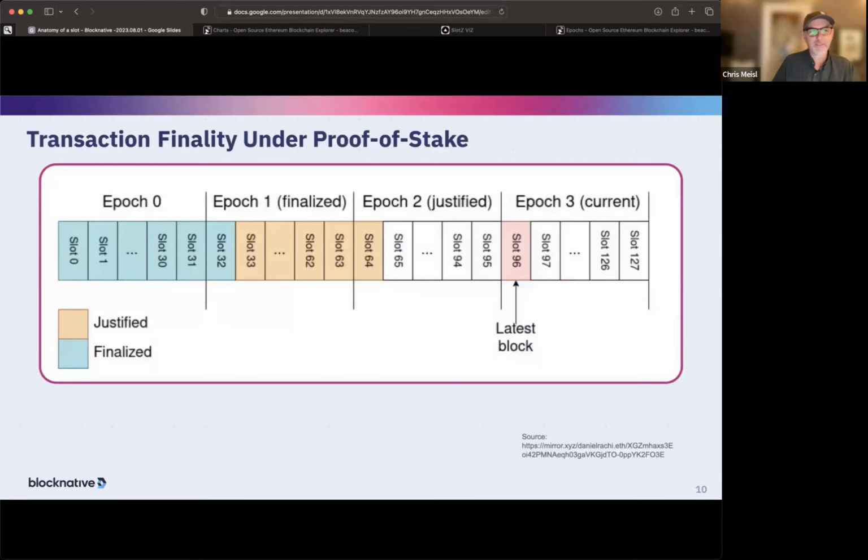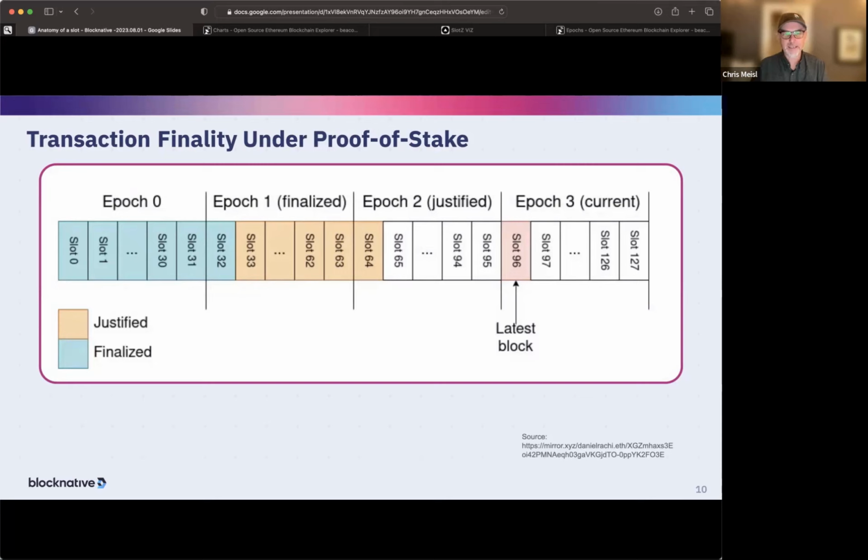Okay, so let's dive in. Under proof of stake, you have these epochs, as I mentioned before. Each of them contains 32 slots. As you move forward in time, you have validators that are proposing a block, but we're going to skip that for now. More importantly, you have validators that are attesting to the block that was proposed for a particular slot.